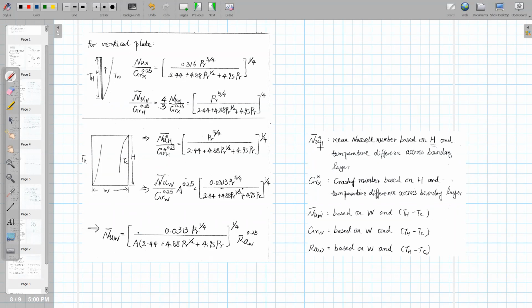Also, in this case, this Nusselt number is defined based on the temperature difference across the boundary layer. What does that mean? This is TH, and this is (TH + TC)/2 in the middle. So this Nusselt number is defined by TH minus (TH + TC)/2.